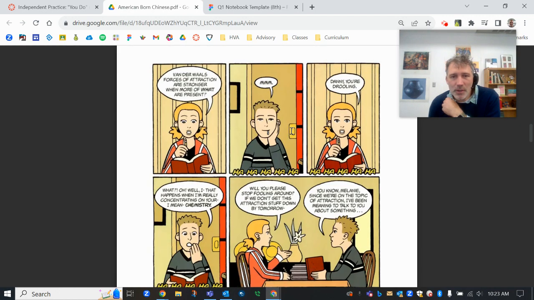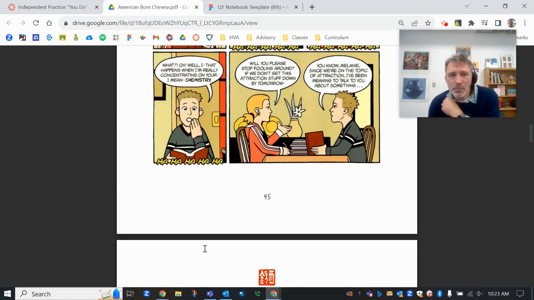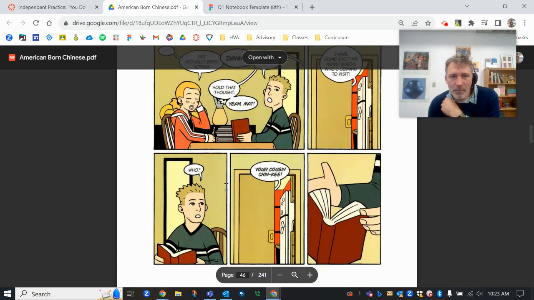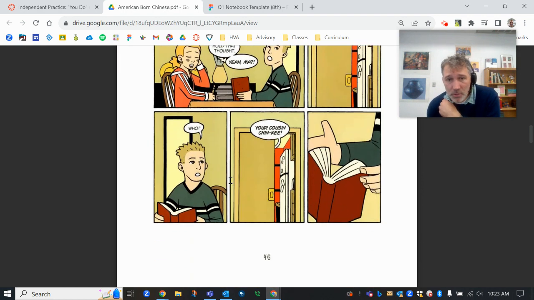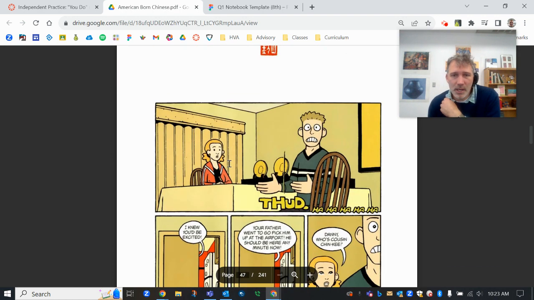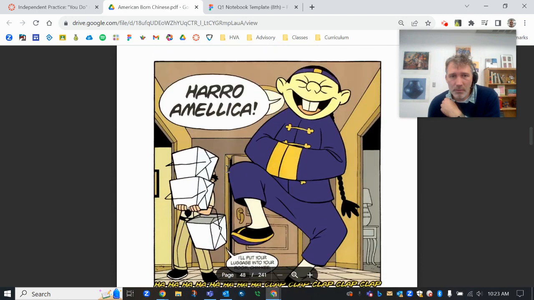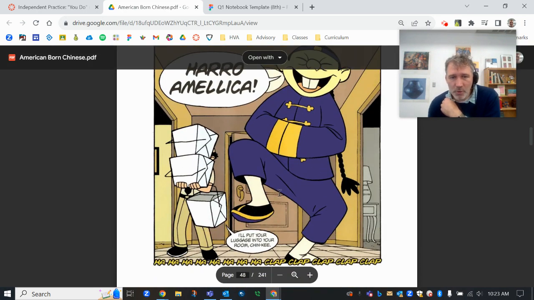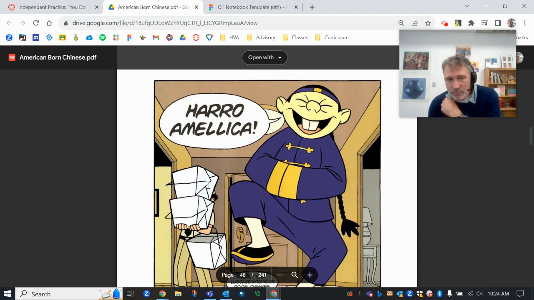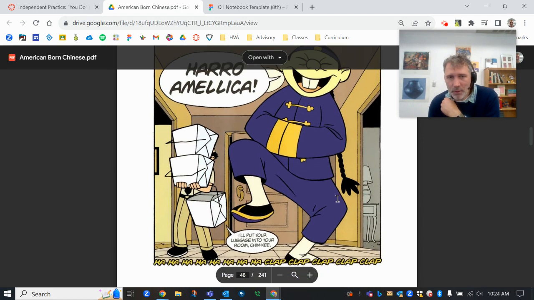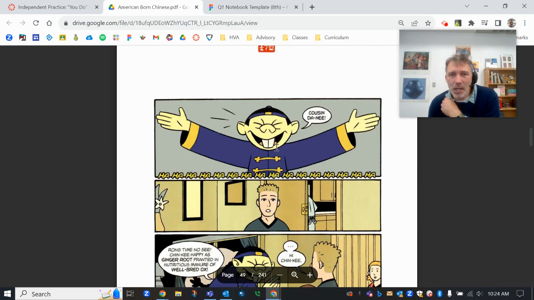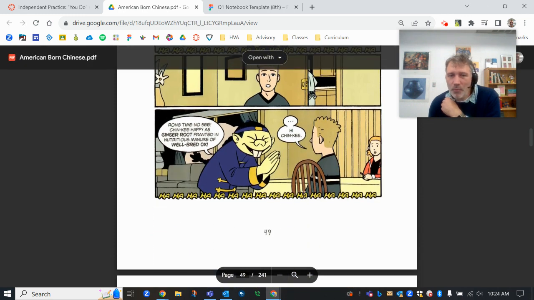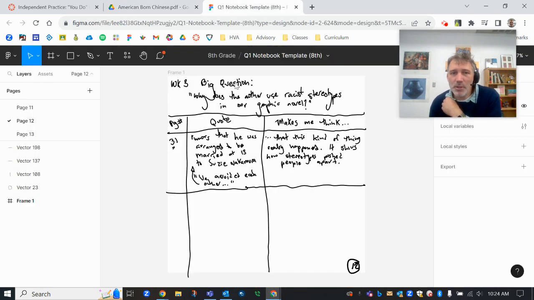And so it shows these really awful stereotypes starting on page 45, that used to be used or that maybe still are being used, to kind of slander Chinese American people. And so feel free to add in details from here. Why is the author using these stereotypes? What are these stereotypes? And why are they being used? So then you can add them to the notebook.